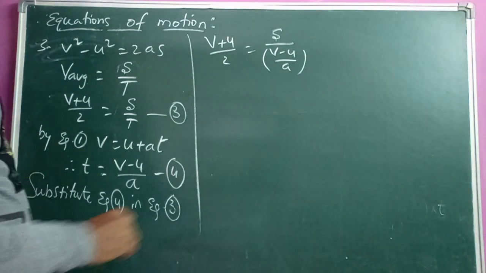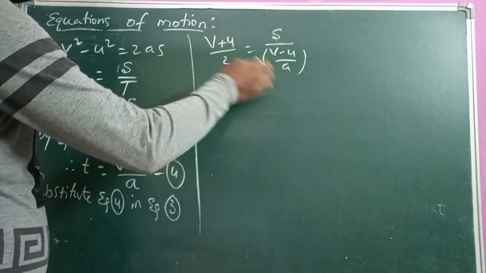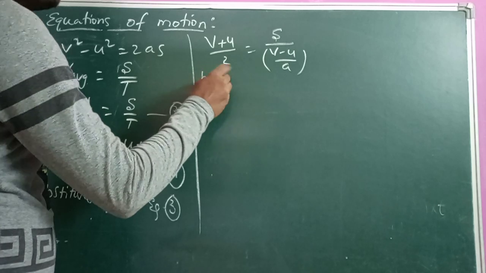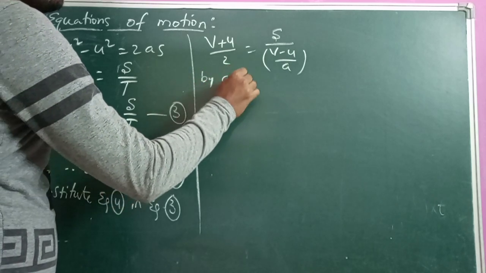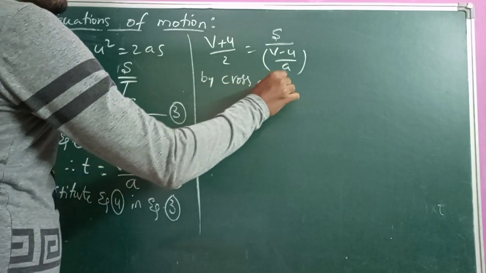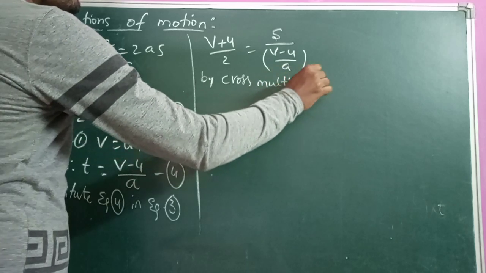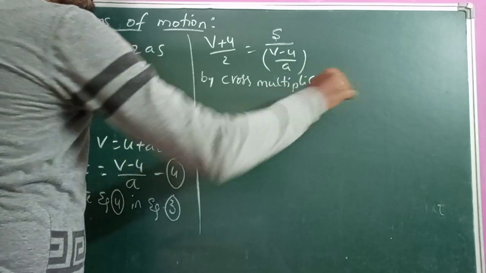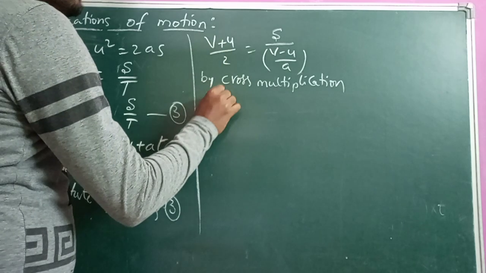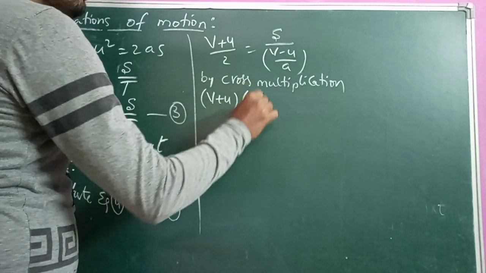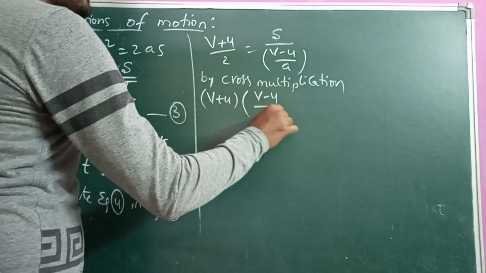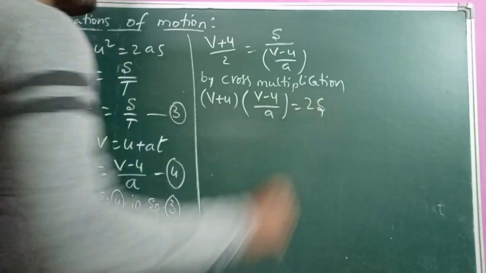So set this by cross multiplication: (v plus u) into (v minus u) by a is equal to 2s.